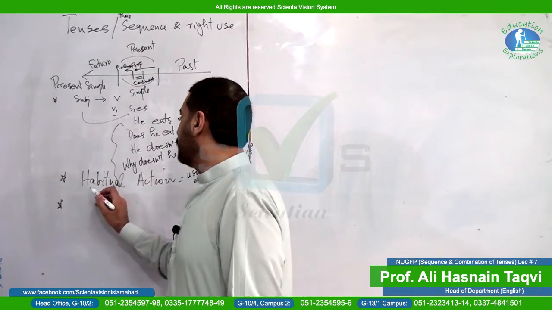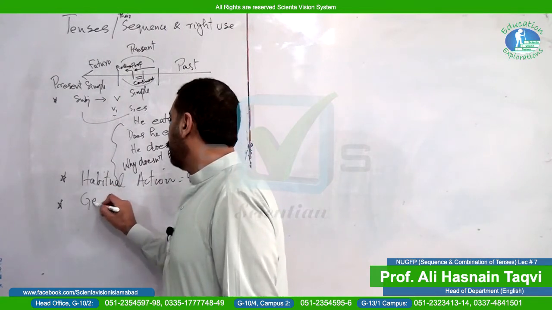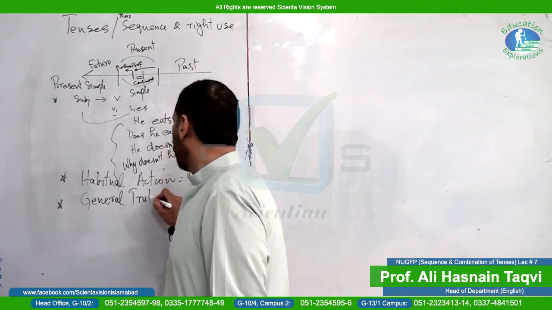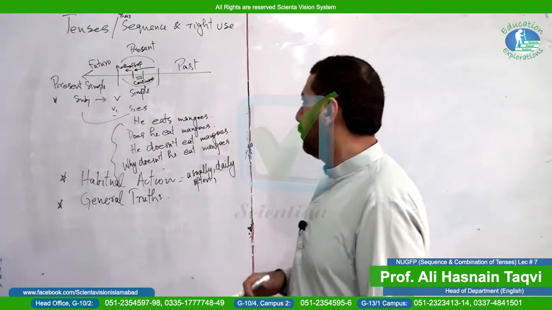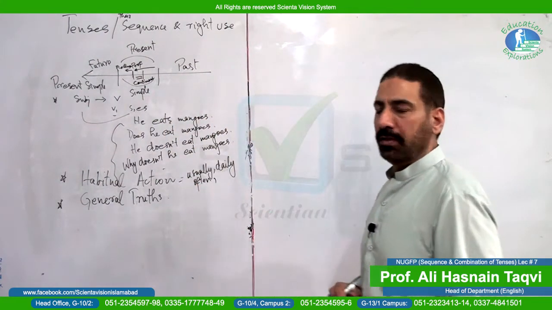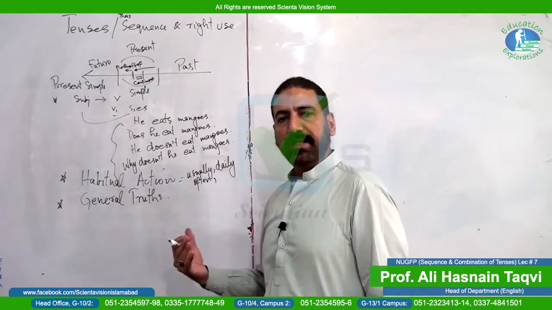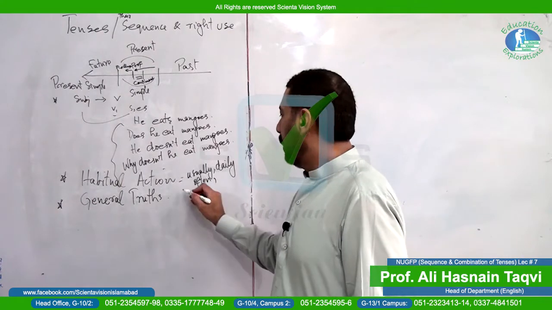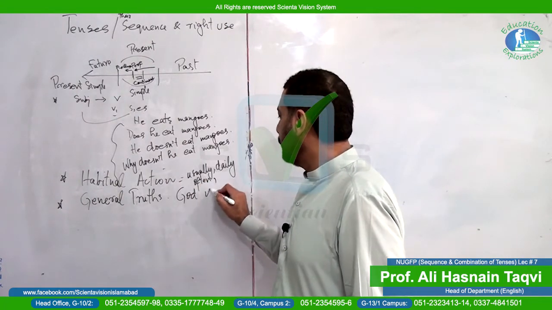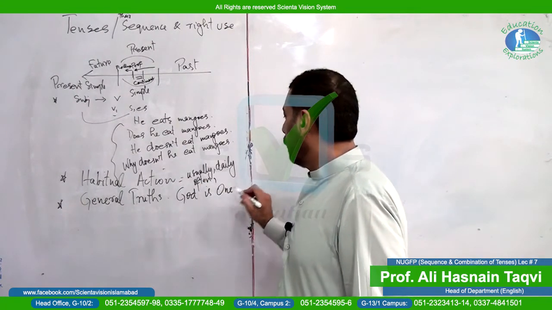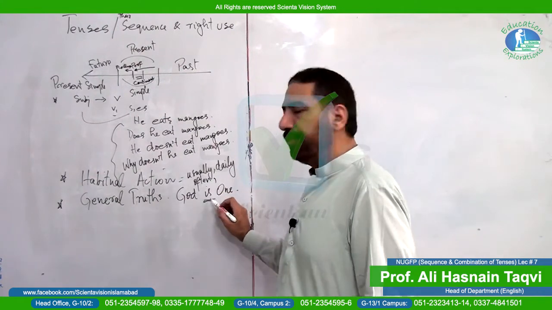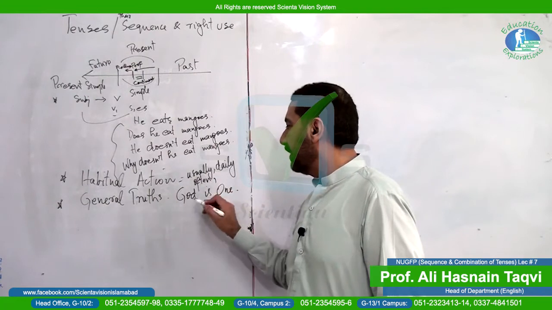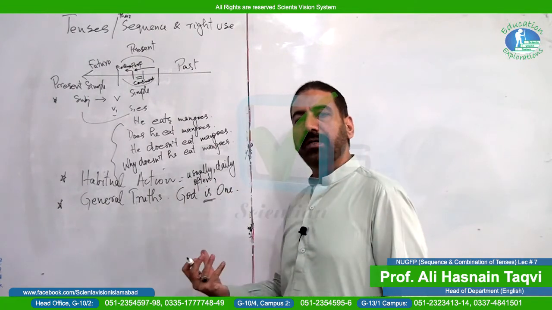Now, apart from this habitual, there are general truths. Whenever you are implying any general truth, you require this tense. No other tense can convey your sense than God is one. Now, when we are using this be form without any other verb structure, this is linking verb and it is present simple.